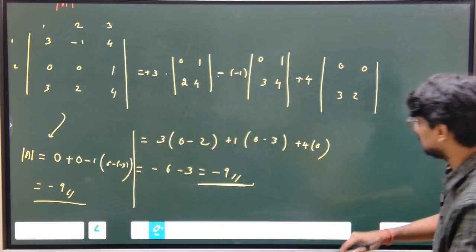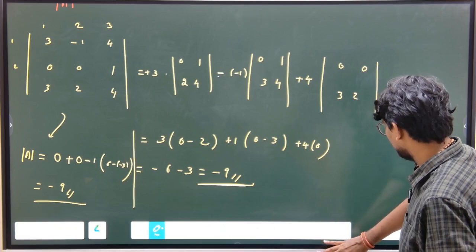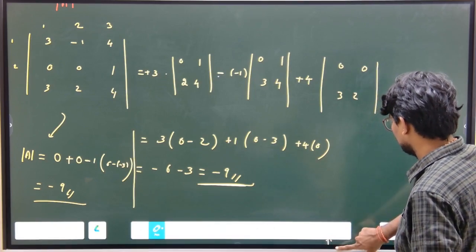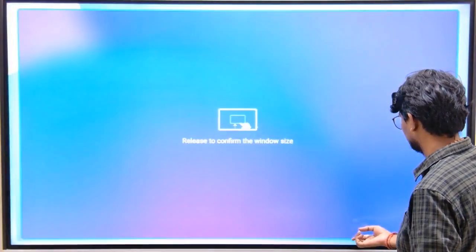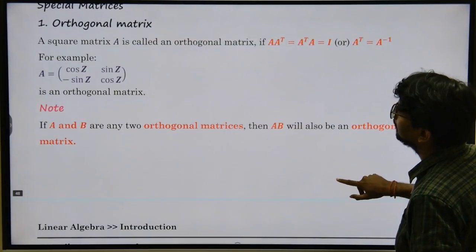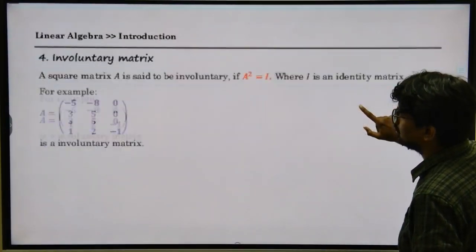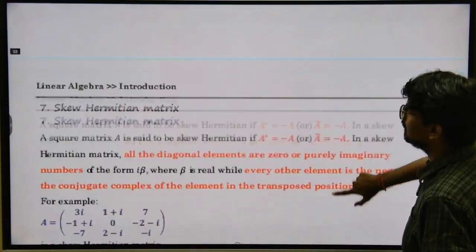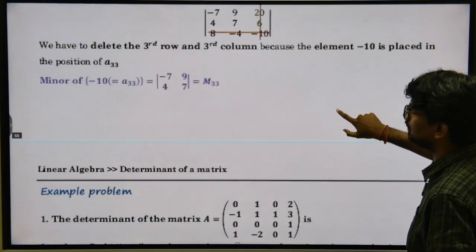Okay, definitions and all you can write down later. Just a moment. Properties are very, very important. Properties of determinant are very important.